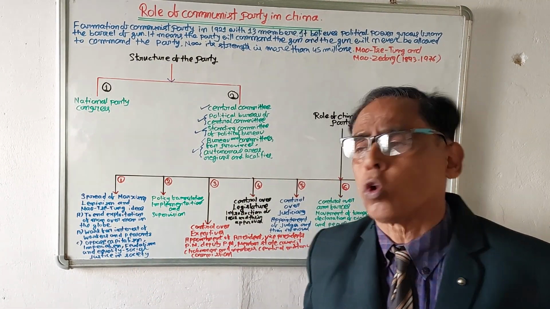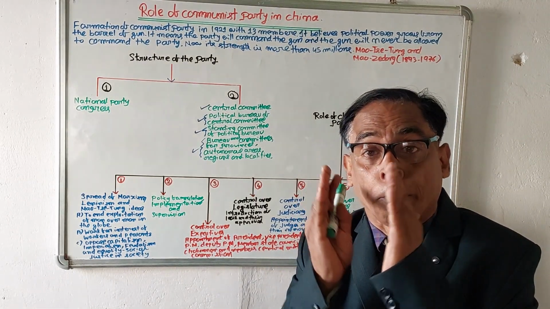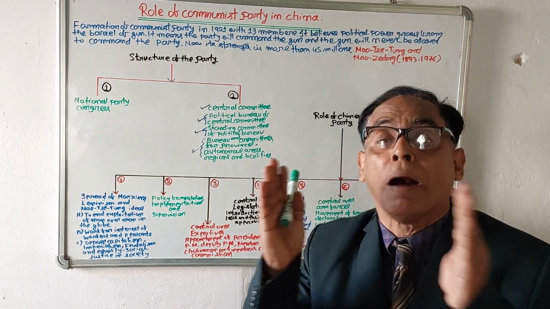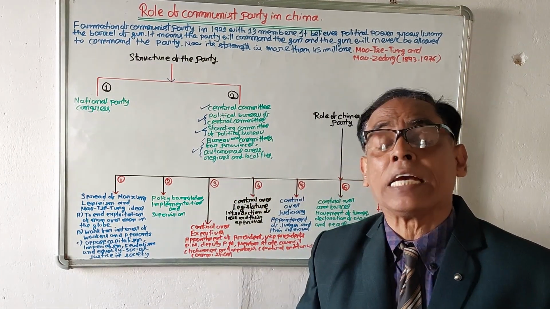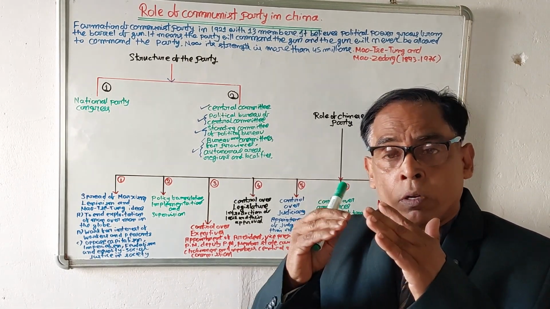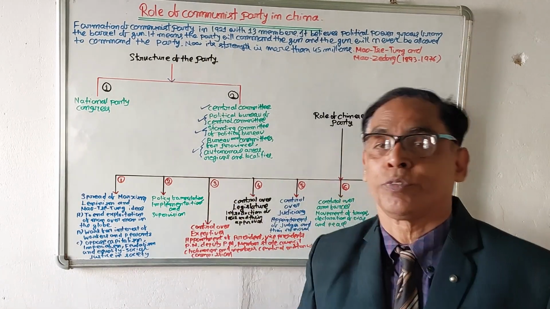So the first role of the Communist Party of China is to promote the ideologies of Karl Marx, Lenin, and Mao Zedong. The basic ideas of Karl Marx, Lenin, and Mao Zedong are to end exploitation of man over man from the globe.